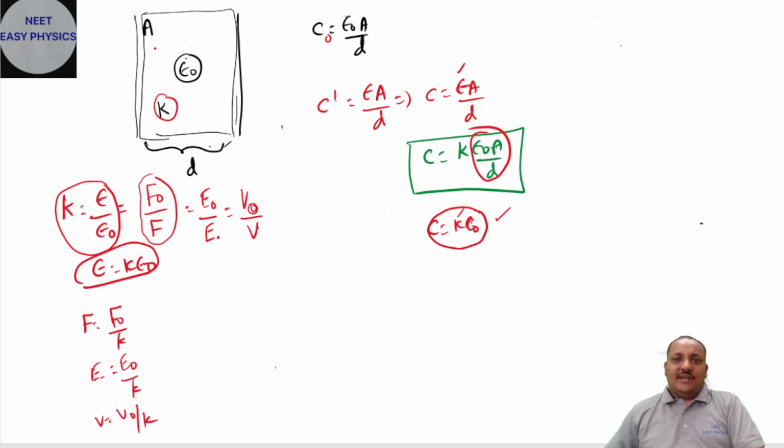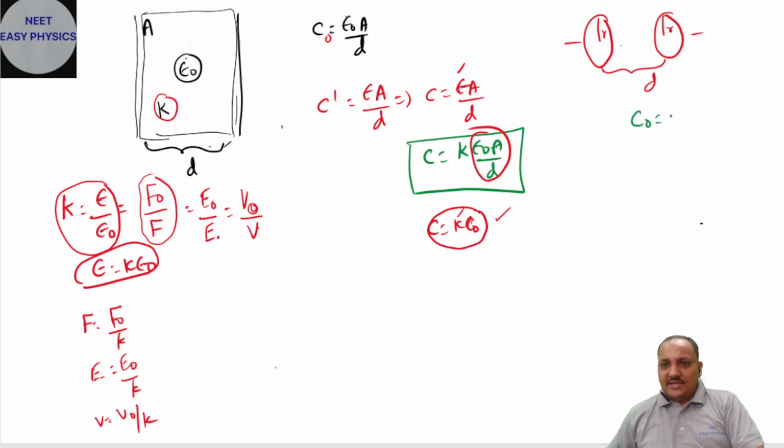Next, if you have taken these plates as circular plates, each of radius small r, separated by distance d. Now, what is the capacitance of this one? With vacuum in between these two, C naught is equal to epsilon naught A by d. What is the area of the circular plate? Pi r square.